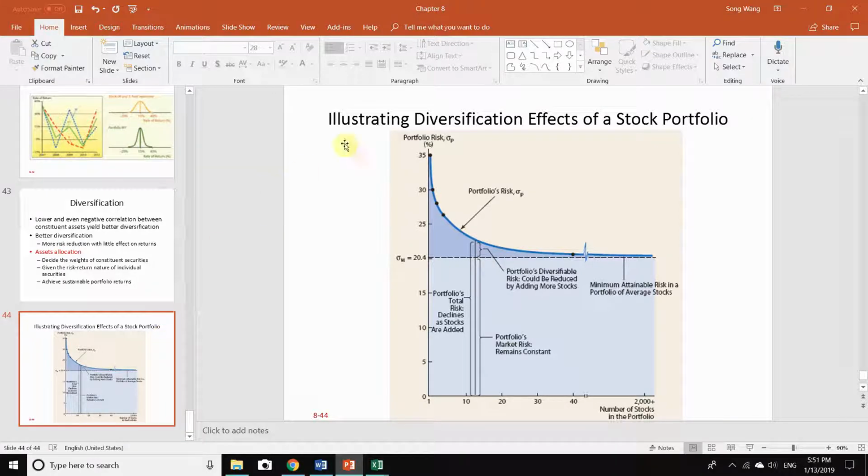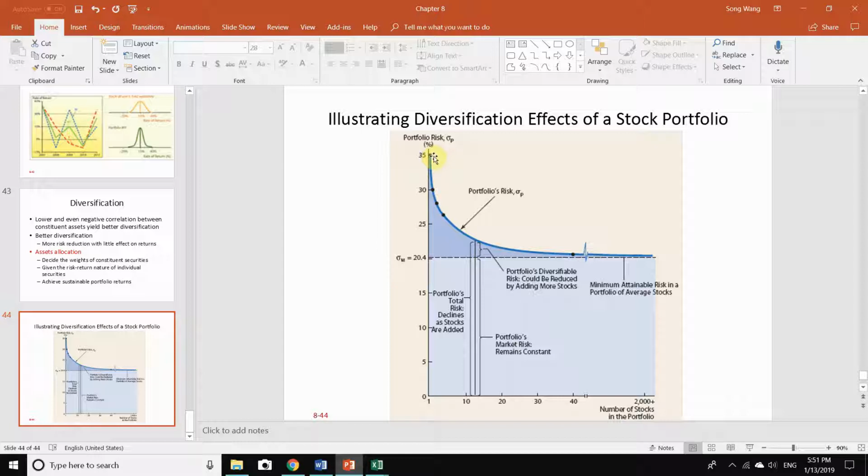The last graph basically shows you this. If you just pick a stock in the U.S. market, on average, this stock would give you a 35% standard deviation. That's how risky an average American stock would be.